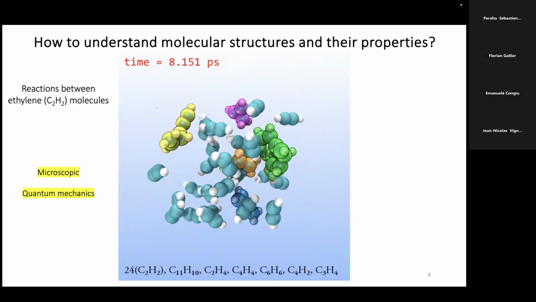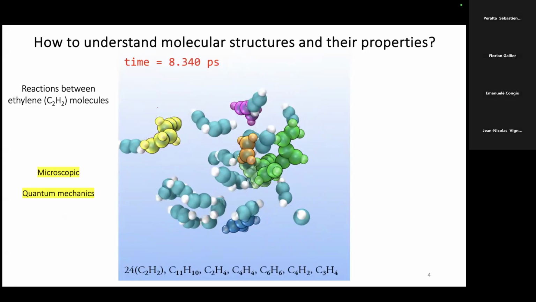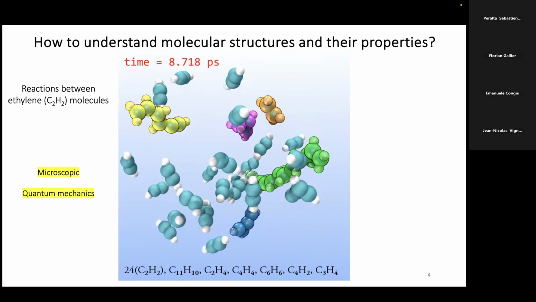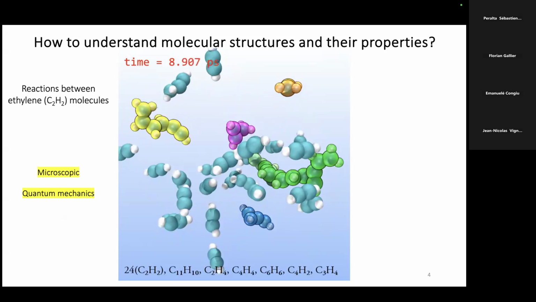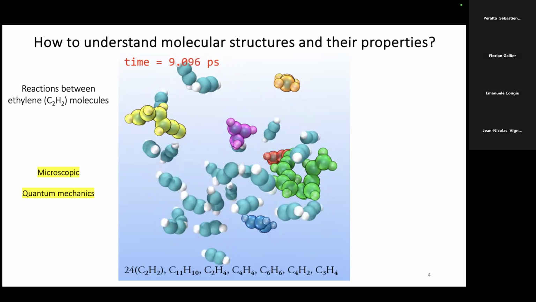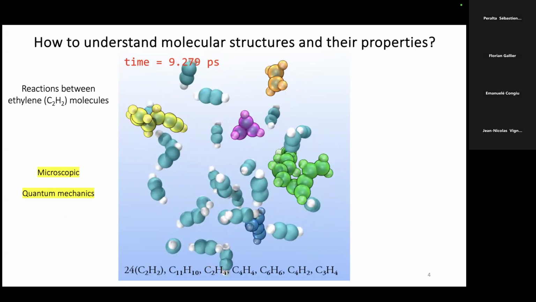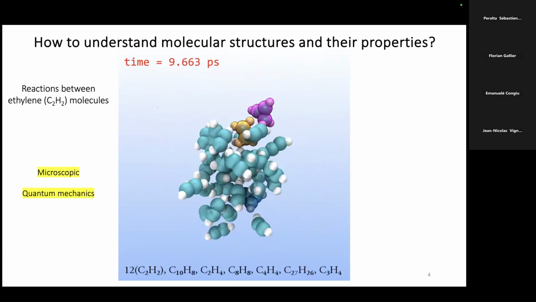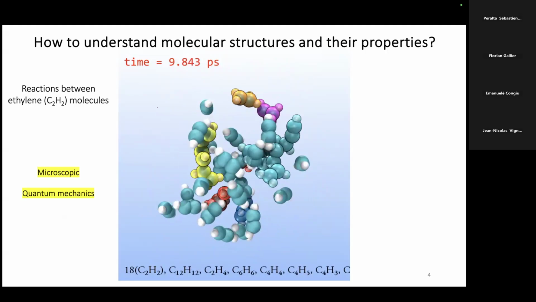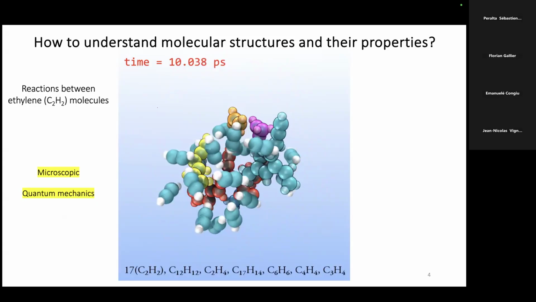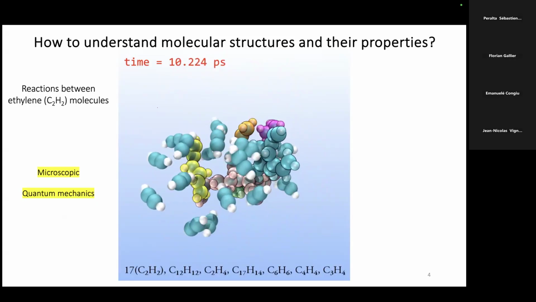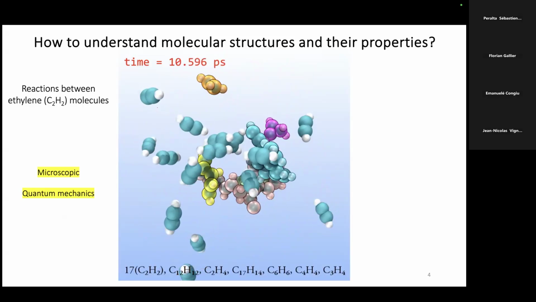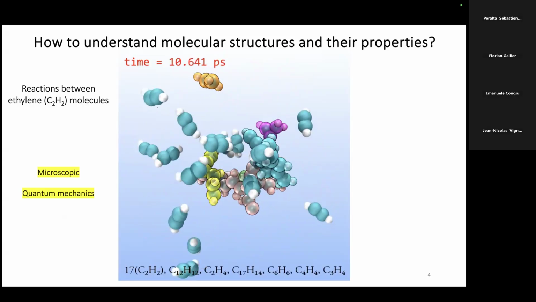To avoid that problem, you can artificially add a force. There are some algorithms you can find in the literature. You can add a force to the MD simulation, and that force helps. So here, shortly, this is the force adding. And then the molecules come closer, and then it allows molecules to interact with each other and make bonds.